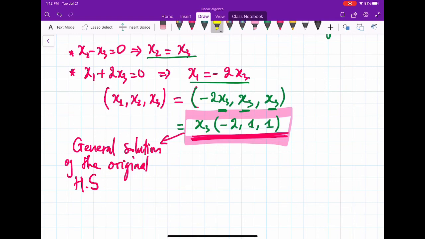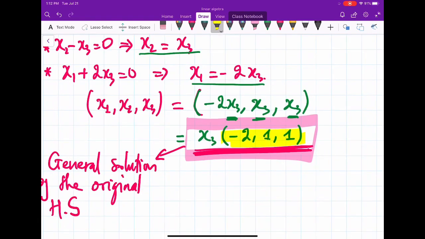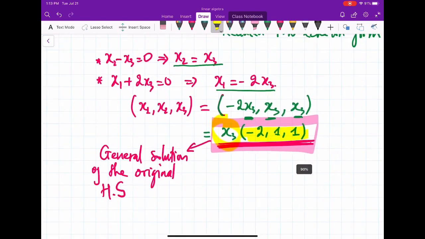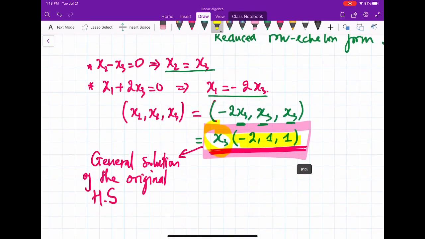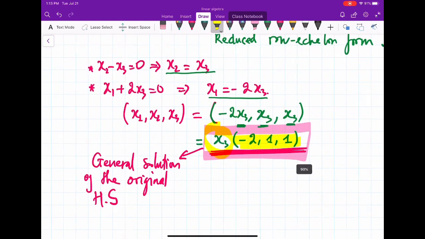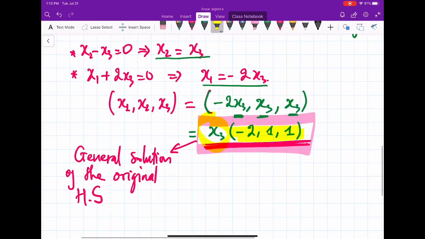By this vector only. You see this? By negative 2, 1, and 1. So you have negative 2, 1, and 1, and you multiply with any x3, you get a solution of that homogeneous system. And when x3 is equal to 0, you get the trivial solution, right? So the original system has infinitely many solutions, and all solutions can be described this way, okay?